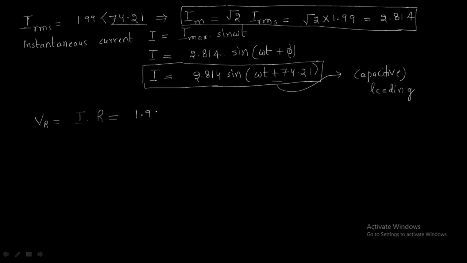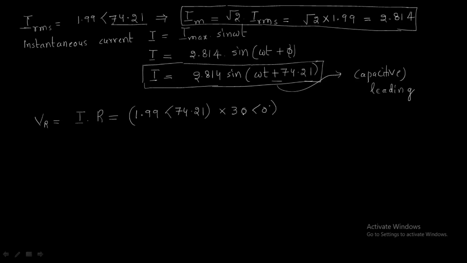The I value is 1.99 at an angle of 74.21, into R. The R value is 30. Resistance doesn't have any phase angle, so its angle is 0.